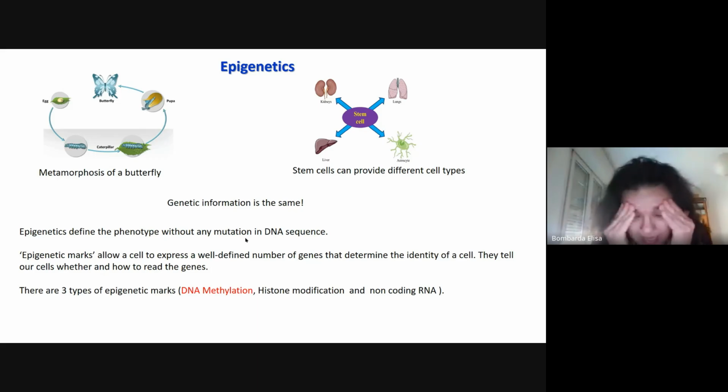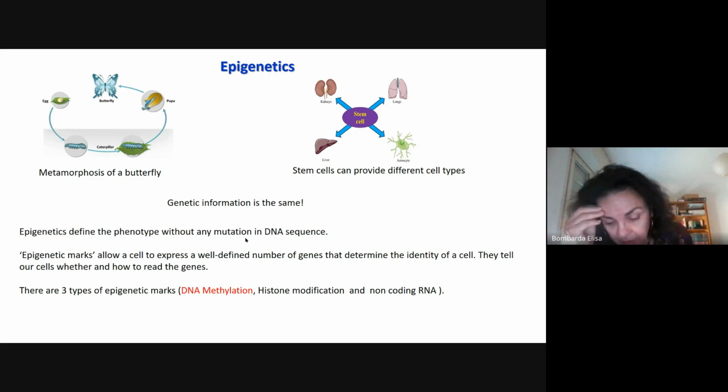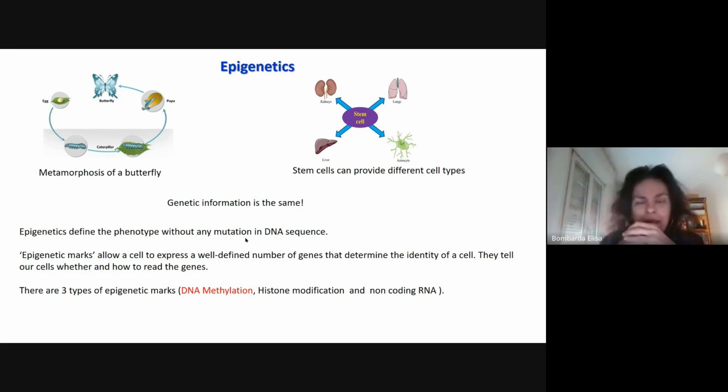Before going on, I just try to say a few words about a very particular aspect of genetics, which is epigenetics.